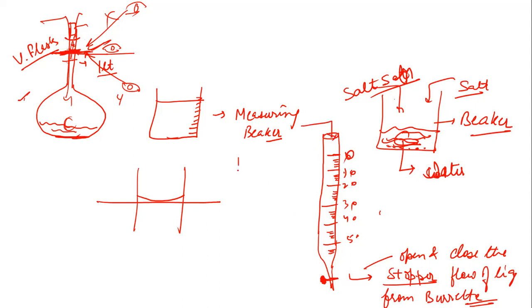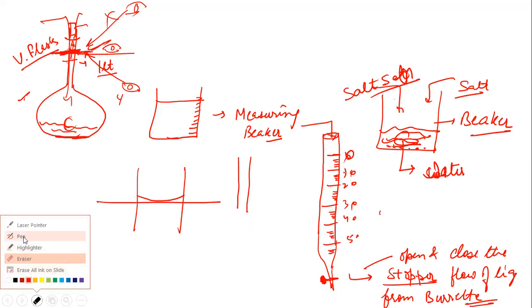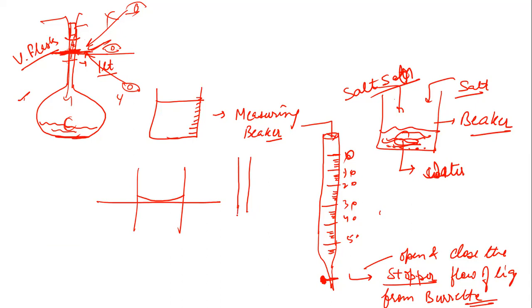Now again we have one more thing known as a pipette. A pipette is also something like a straw, but with a little less diameter.